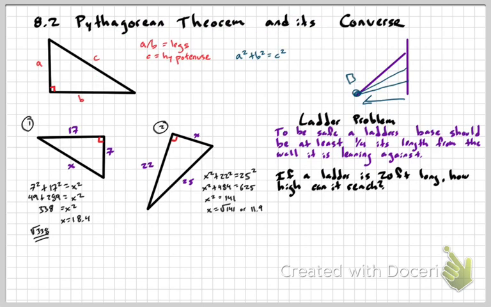So if I want to make my diagram here, I would say wall. This part's my ladder right here. So I know my ladder is going to be 20 feet. That's not going to change, right? Like no matter how I position the ladder, it's always going to be 20 feet. But where I position it as far as the distance from the wall is going to change.